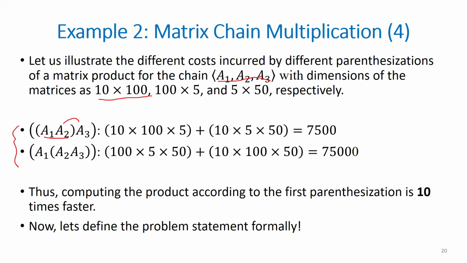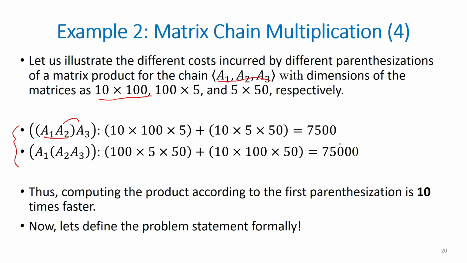Therefore, the total number of scalar multiplications would be 10 times 100 times 5 plus 10 times 5 times 50, which is 7,500 scalar multiplications. Doing the same for the second case would yield 75,000 scalar multiplications. Comparing the two, we see that the first parenthesization option is 10 times faster than the second.